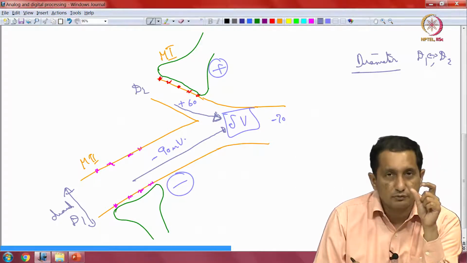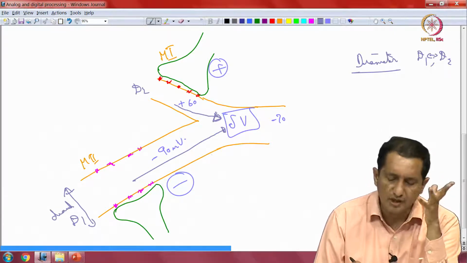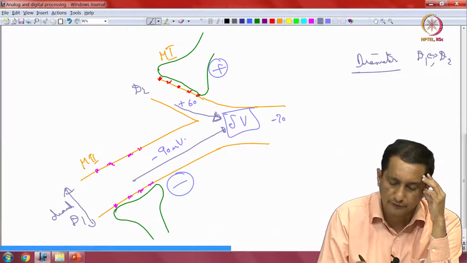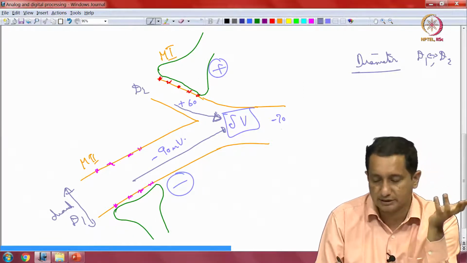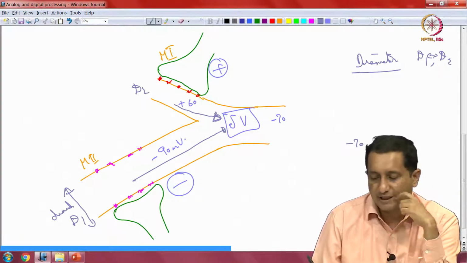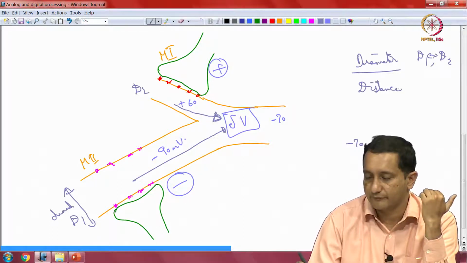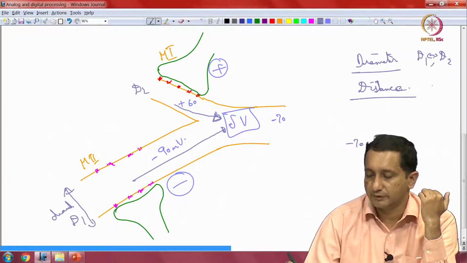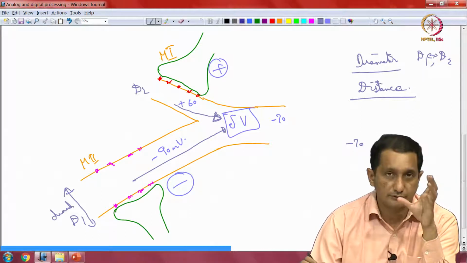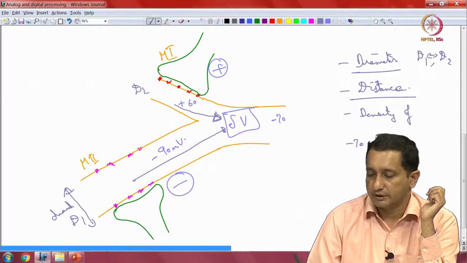Small length would cause a change in the current, and that would produce a different kind of signal, right. Why does that happen? Because the faster this plus 60 reaches over here, if we look at minus 70... So, the distance, I told you about the distance, from the point of stimulus to the point of evaluation. So, diameter, distance of evaluation, density of receptors.